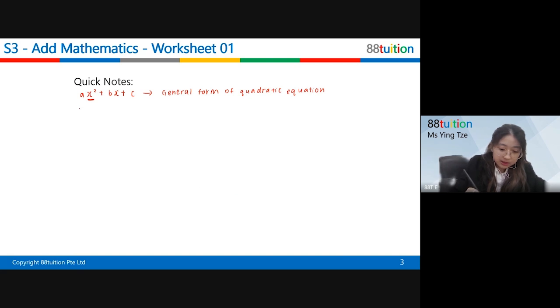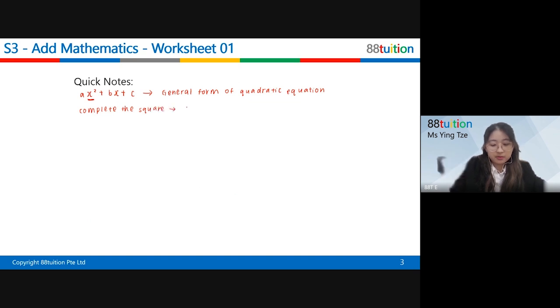What we want to do when we complete the square is we want to turn it into a form that looks like this. So how can we convert from this form over here to this form over here, right?